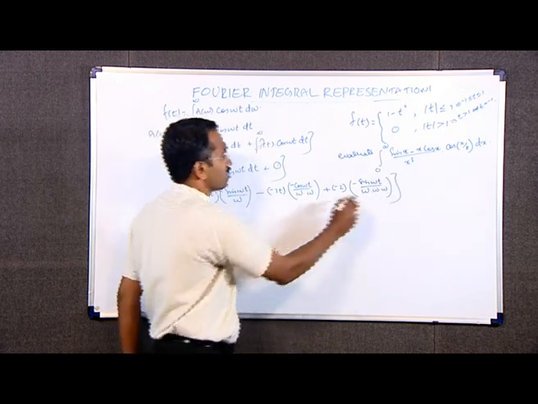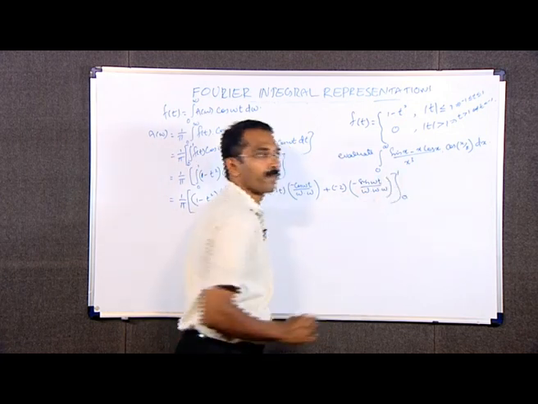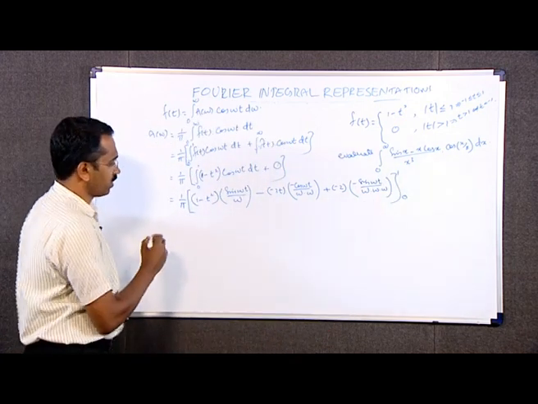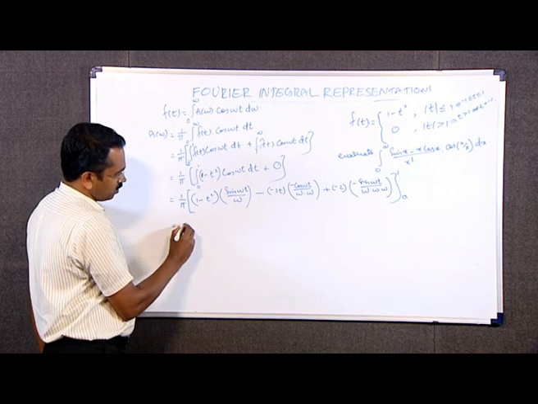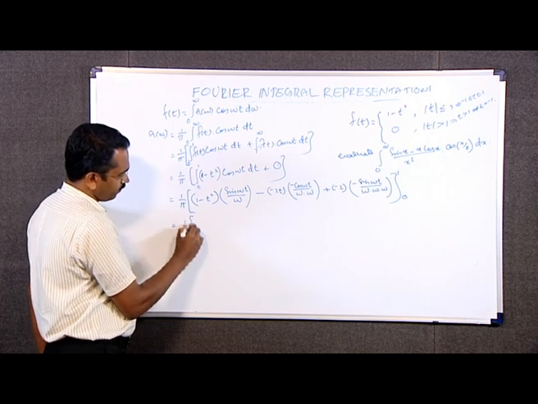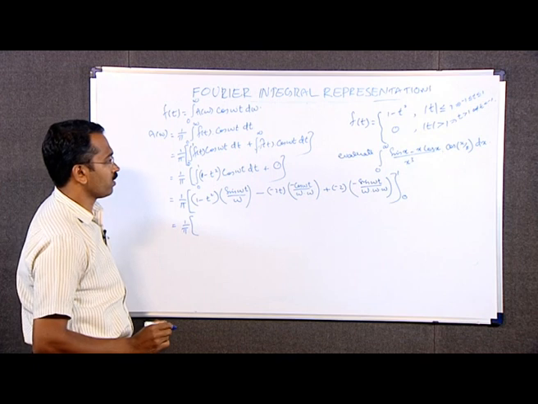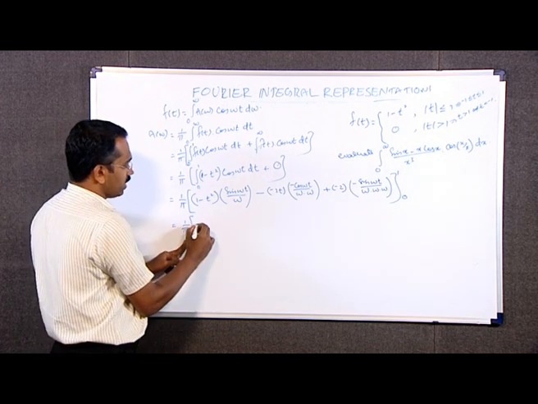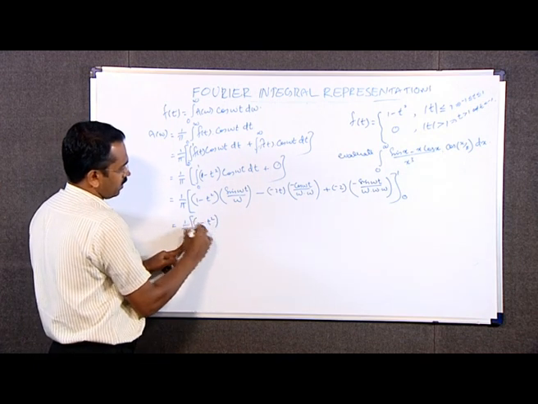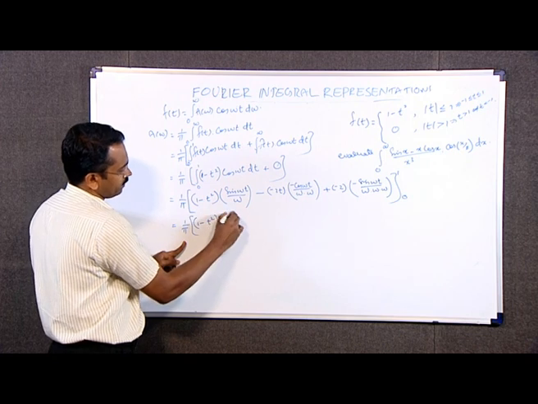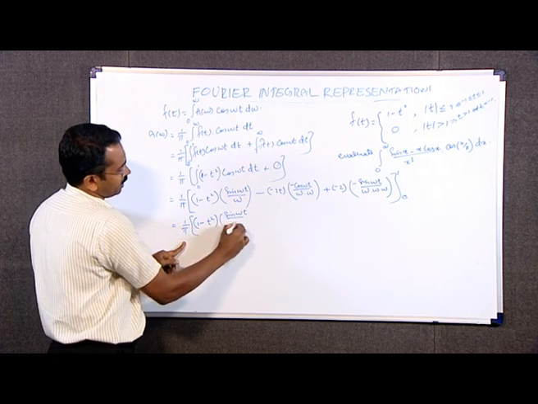Between the limits 0 and 1, this is equal to 1 by pi into (1 minus t square) into sin omega t by omega.